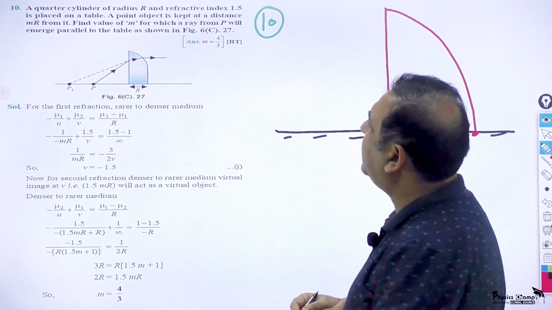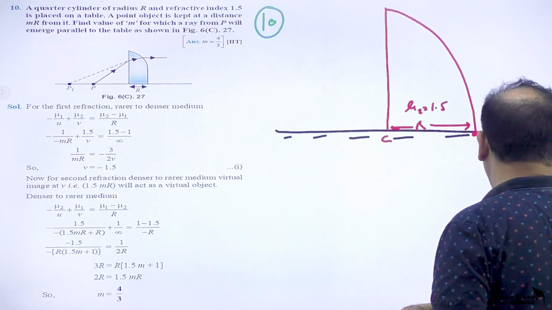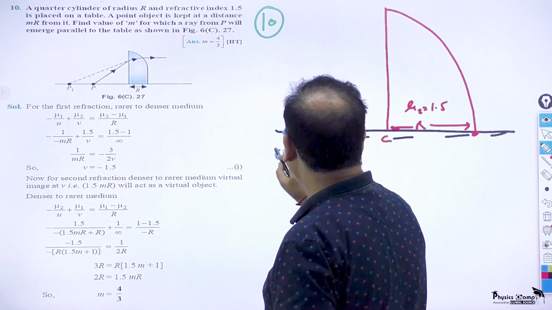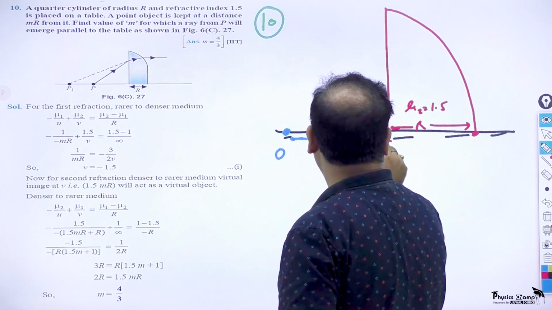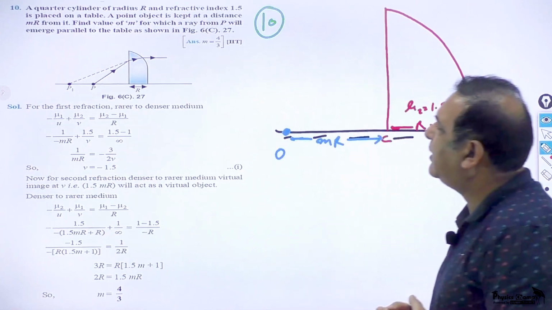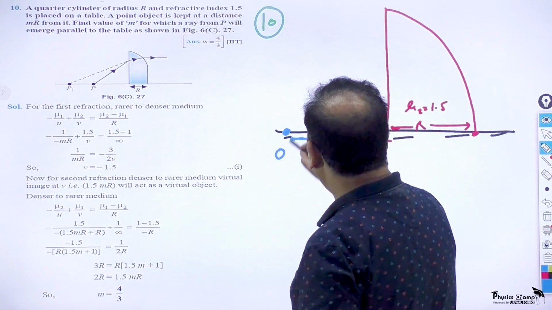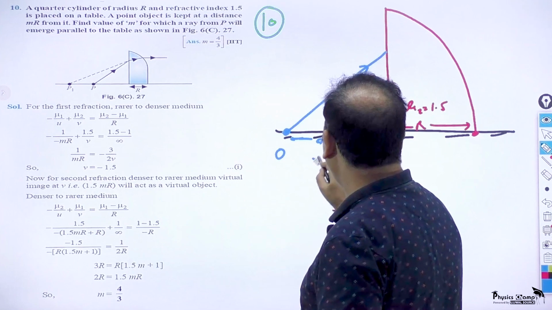It is placed on a table. A point object is kept at a distance mr from it. Find the value of m for which a ray of light which is incident. So what is the value of m?